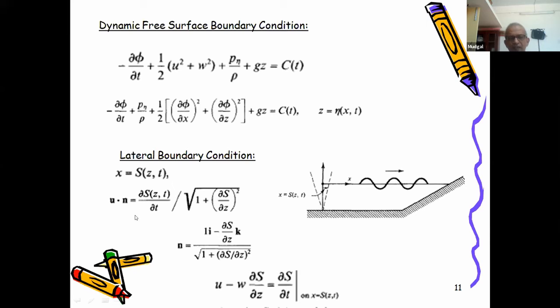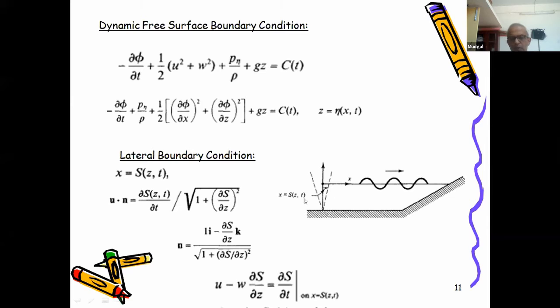And then you also have the lateral boundary condition. So take this case of a simple wave generator in a lab. If you have a hinged paddle which performs simple harmonic motion, then you will see that the wave is generated, and of course it gets absorbed on the beach.